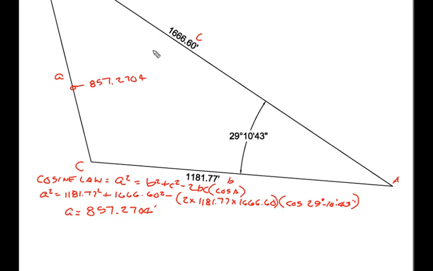So now we know all three sides and one angle. We can use the law of sines to determine one of the other angles.